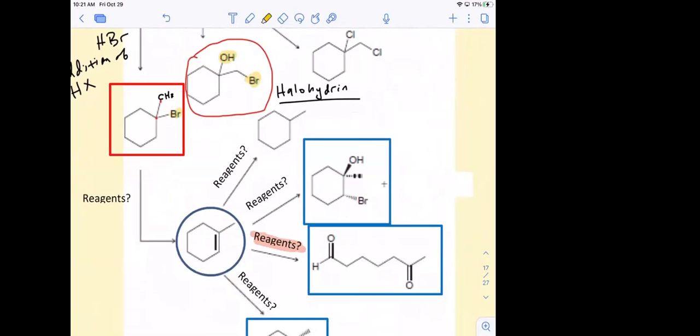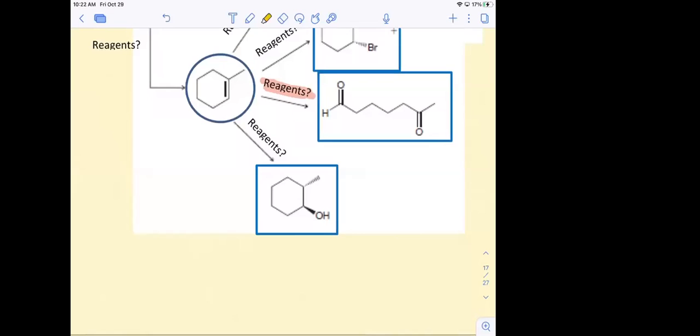The OH, you see where it is, opposite of the Br. And this is the giveaway. You've got an OH here and a bromine here. So that's a halohydrin. Excellent. All right, let's do this bottom example.